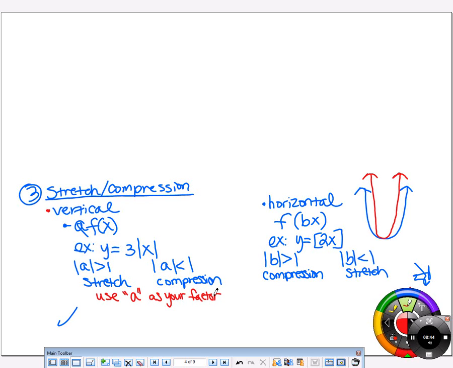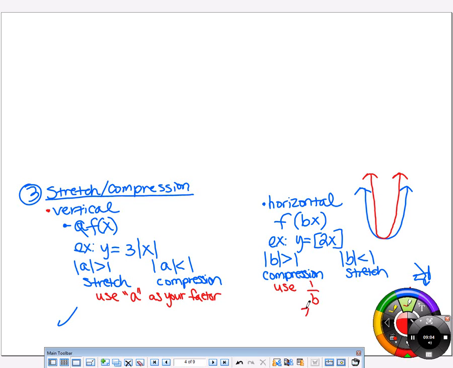But here, you don't just get to multiply by B. Because it kind of works opposite of what you think, when b is bigger than 1, things are actually being compressed. You actually take the reciprocal of the number that's there and multiply it. So instead of multiplying stuff by b, in this case you use 1 over b, or the reciprocal.